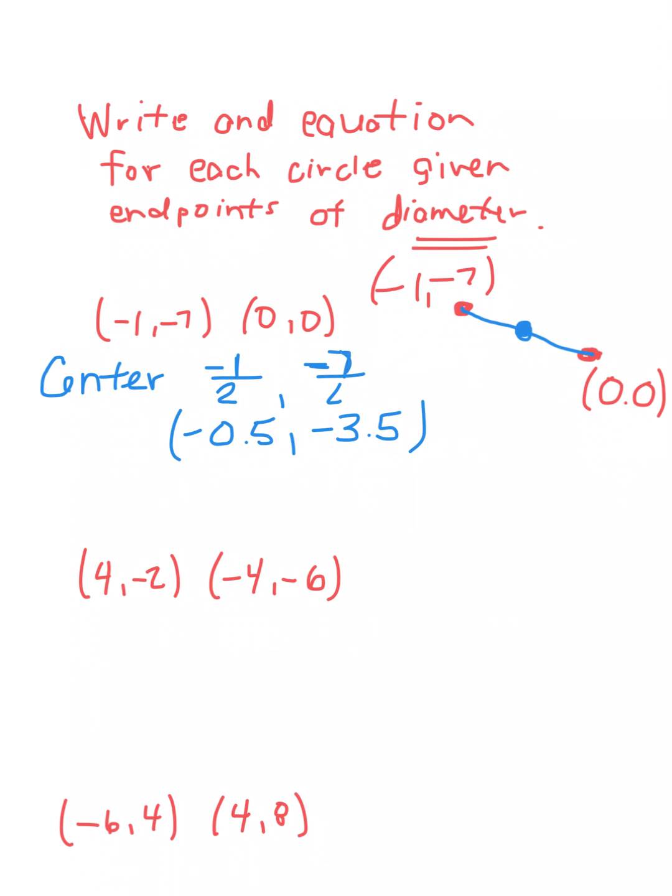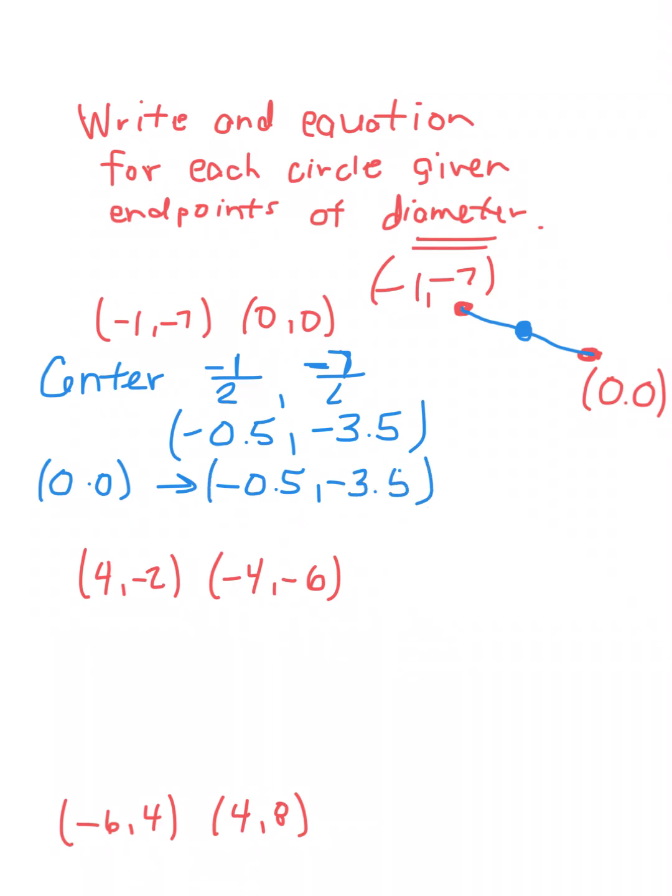Then to find the radius, we need to find the distance between one of these endpoints and that center. So I'll find the distance from 0, 0 to -0.5, -3.5.